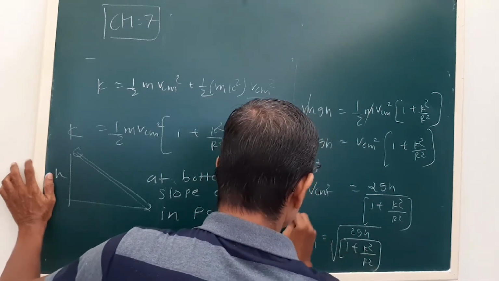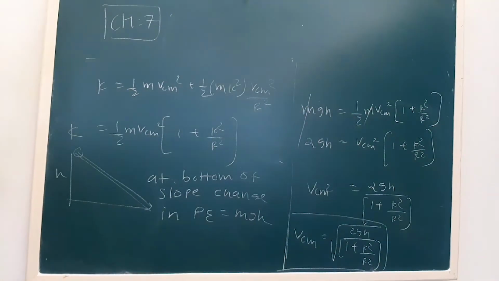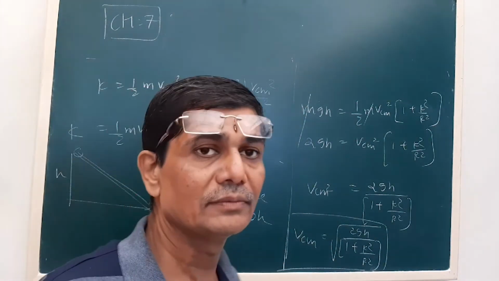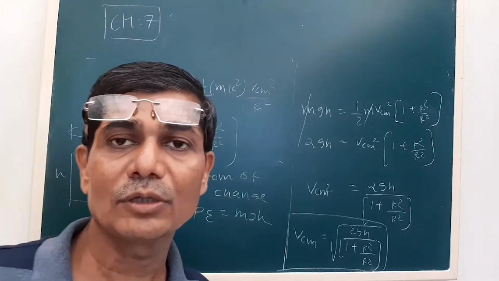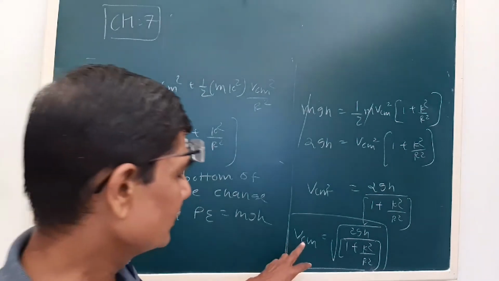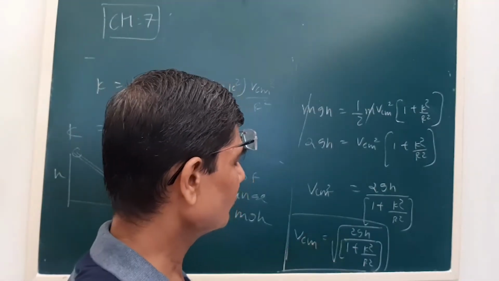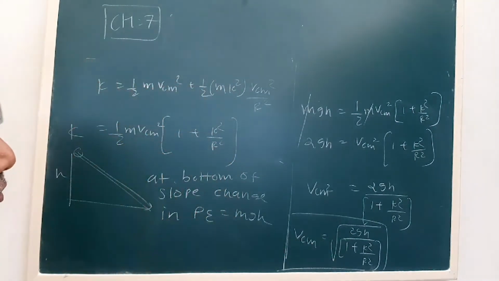Now see the velocity at the bottom of the slope: VCM is under root 2gh upon 1 plus k square by R square. This is a generalized formula for the velocity of the rigid body, obtained in terms of the velocity of the center of mass. This is about the velocity of the body.